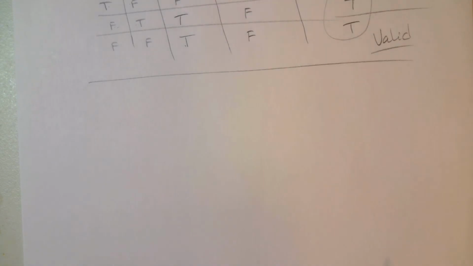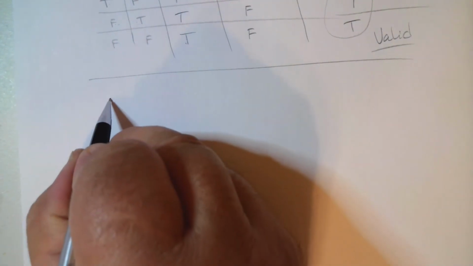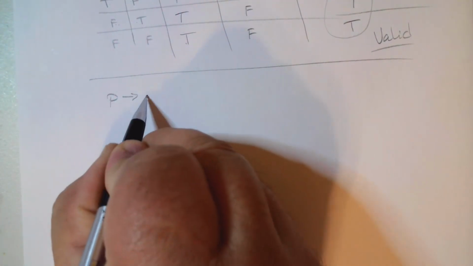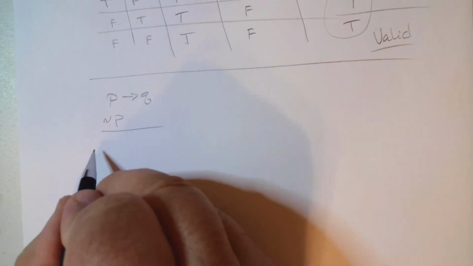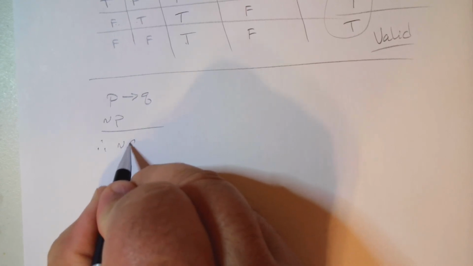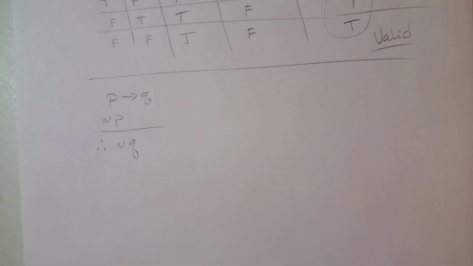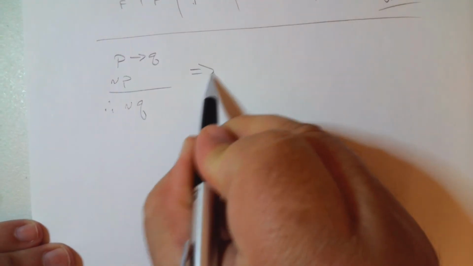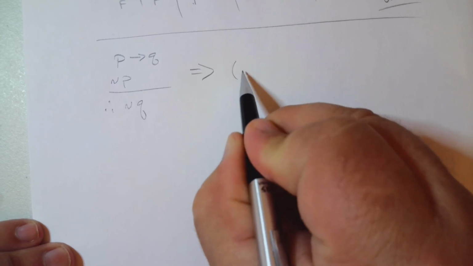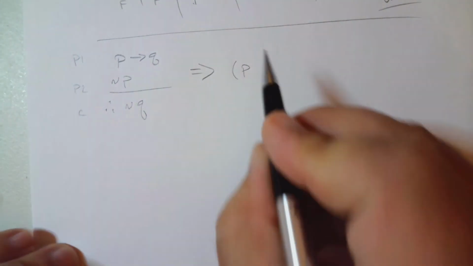Let's look at an example of an invalid argument. If P, then Q, not P, therefore not Q. We're looking at the fallacy of the inverse. So we have to take the first premise. This is premise 1, premise 2, and conclusion.